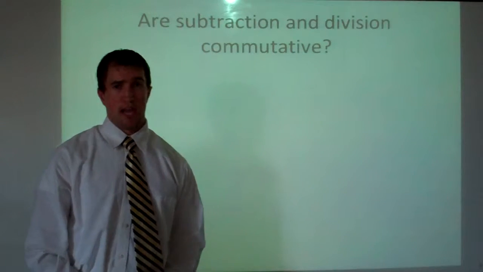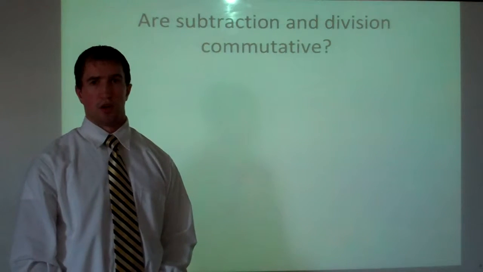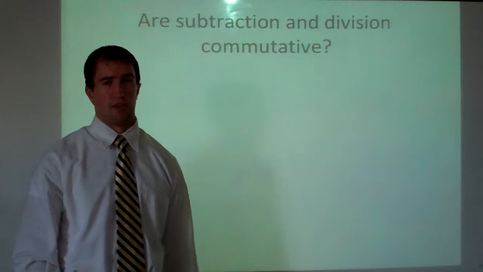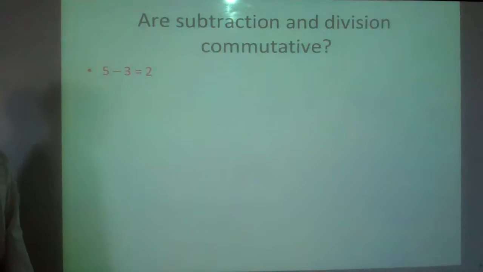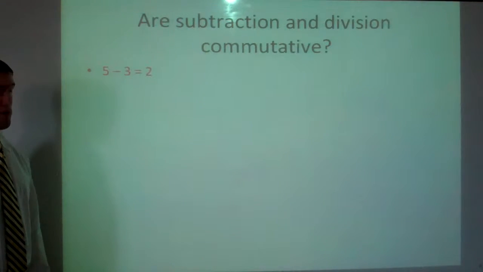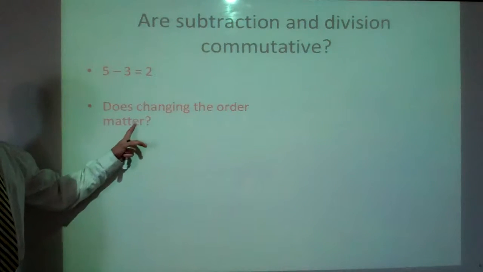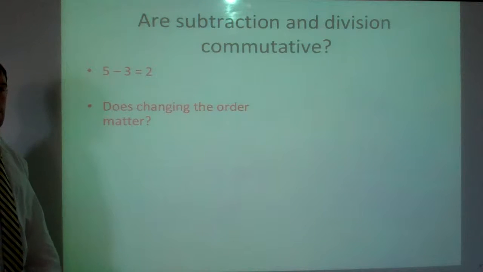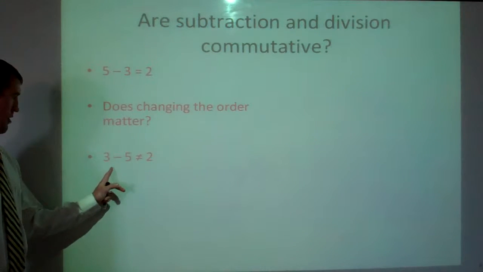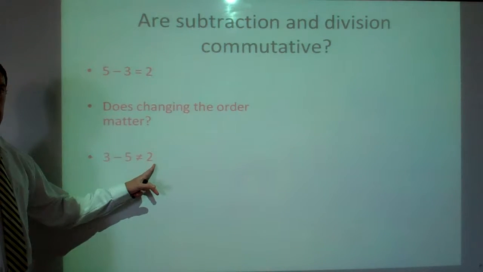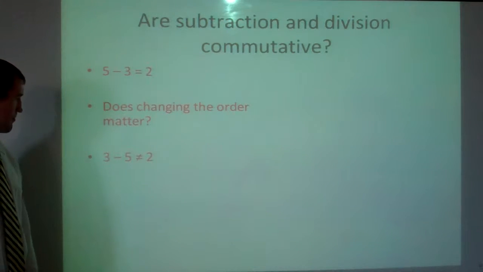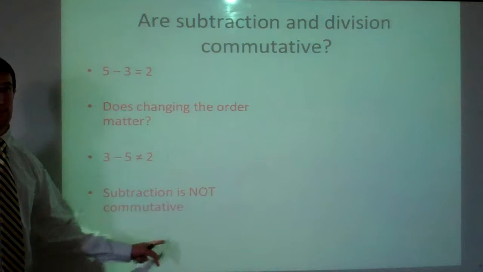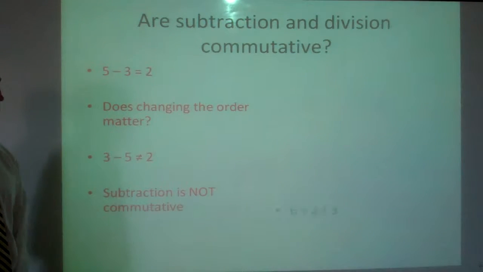So, do subtraction and division work with the commutative property? Well, we'll take a quick look. If we take 5 minus 3, we get 2. Does changing the order of the subtraction matter? Yes, it does, because 3 minus 5 does not equal 2. We know that 3 minus 5 is negative 2. Subtraction is not commutative.